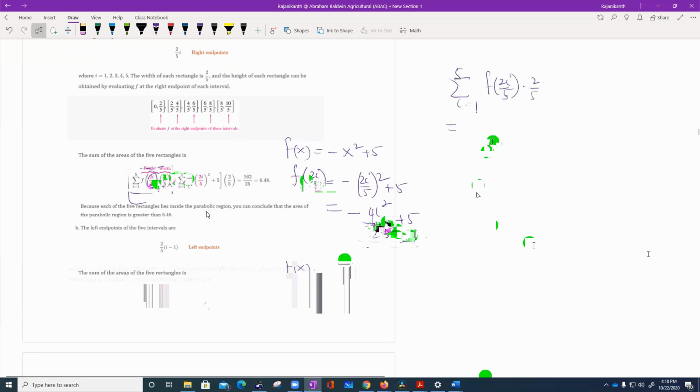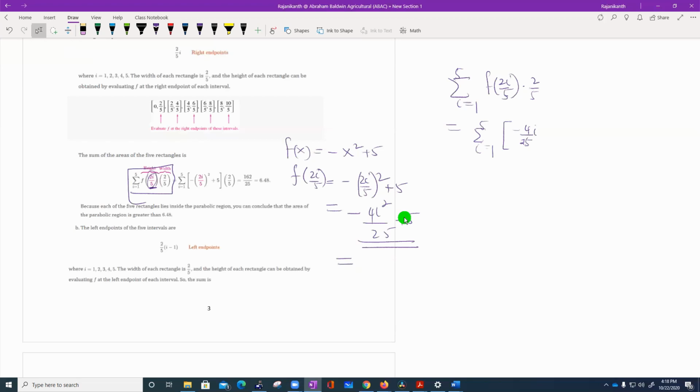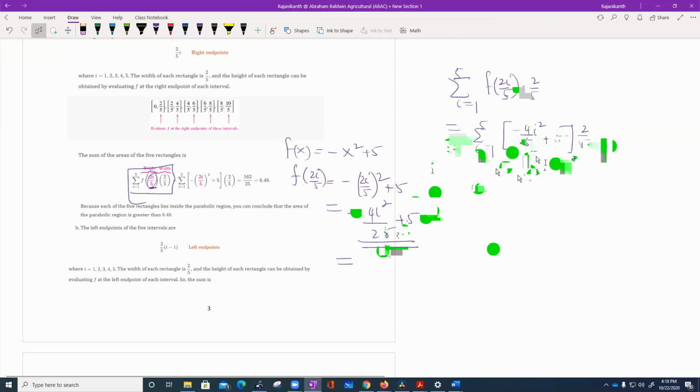So now I have simplified this piece. I'm replacing it with negative 4 over 25 times i squared plus 5. This is my f of 2i over 5. Remember, you have 2 over 5 outside of the function to multiply. So now simplify this.